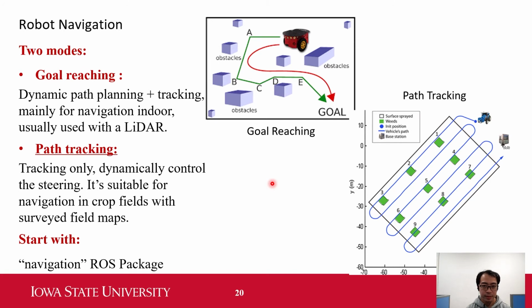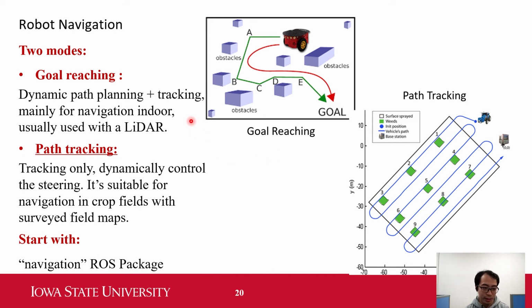After testing the robot motion control and the localization, let's move on to the next module, which is robot navigation. Robot navigation relies on the robot motion control and the localization. So navigation has two modes. One is goal reaching, where we define a goal first, and then the robot can plan a collision-free path to reach the goal.